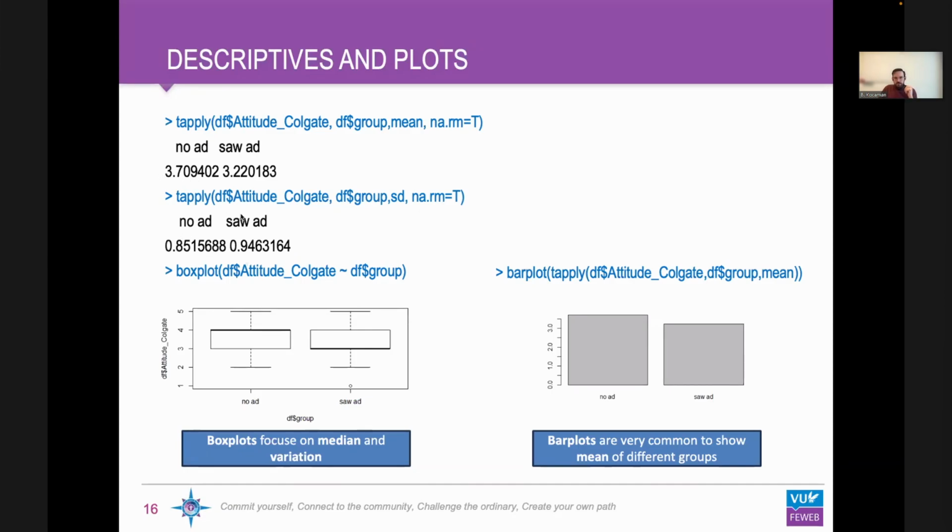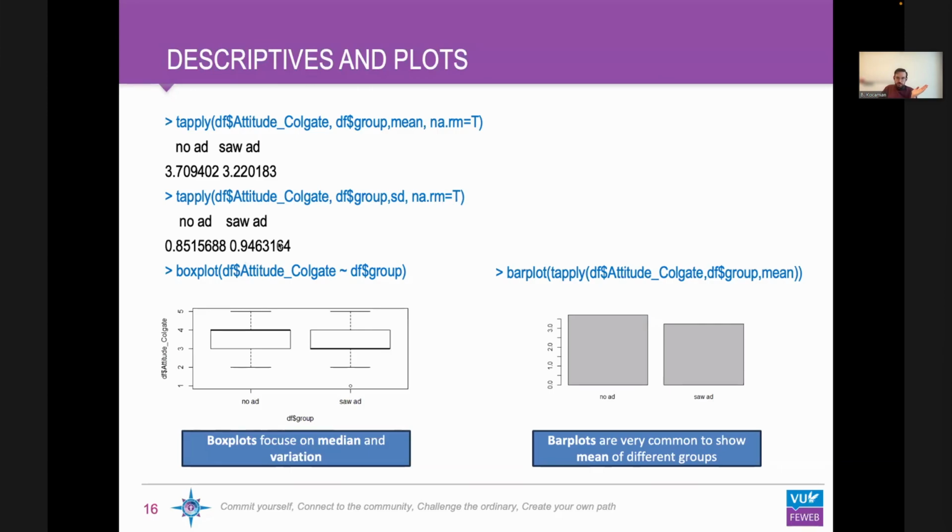This indirectly means that we see a higher attitude towards Colgate, and this is more consistent across the participants. But when they see the ads, we see a lower attitude towards Colgate, and the opinions are more diverse compared to the no ad group.